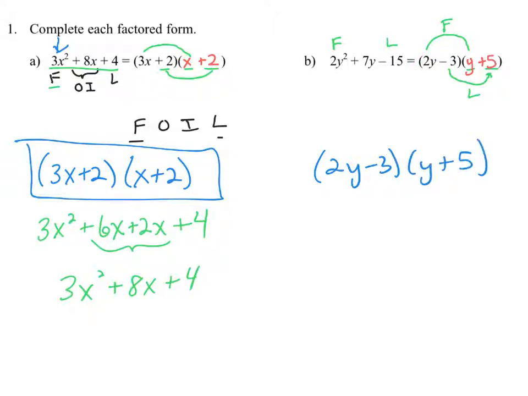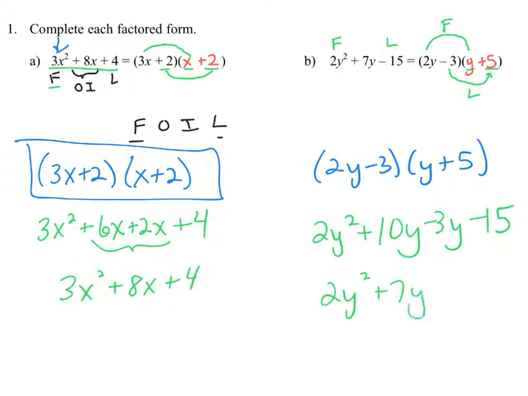We don't want to say for sure unless we check our work here. And using the FOIL method, we're going to multiply 2y times y to get 2y squared. The outer, 2y times positive 5, is 10y. The inner is negative 3 times y, or negative 3y, and the last is negative 15. When we check this by combining the middle terms, we get 2y squared plus 7y minus 15.